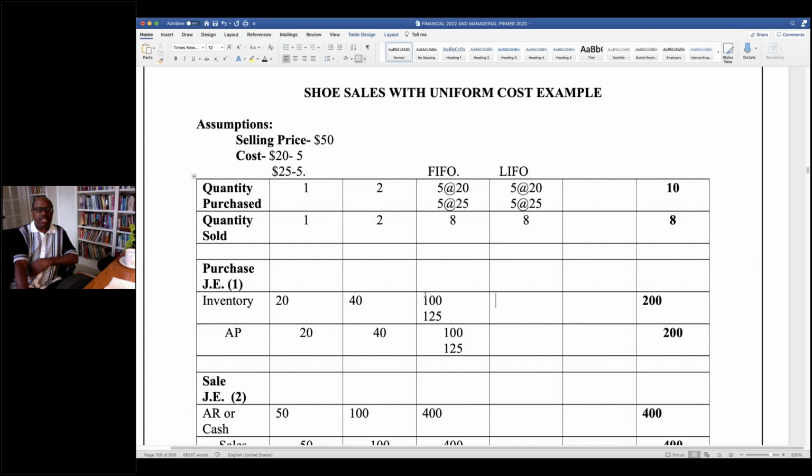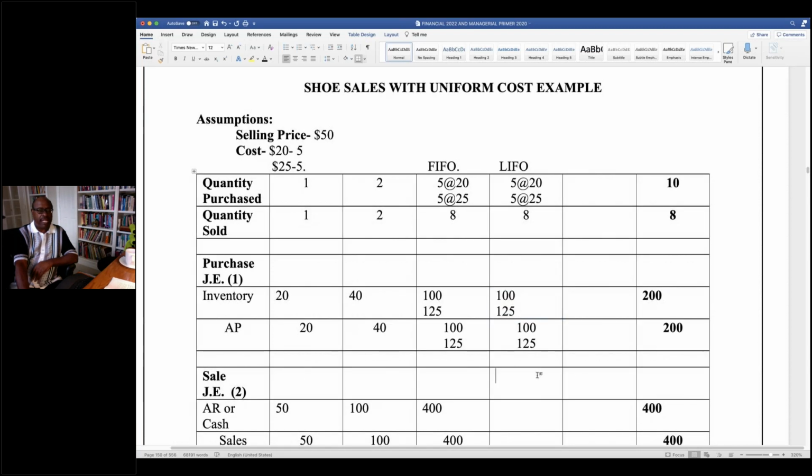Now the purchase journal entry. Purchase journal entry not changing. We're buying 5 at 20 and 5 at 25, 225. That's not changing.